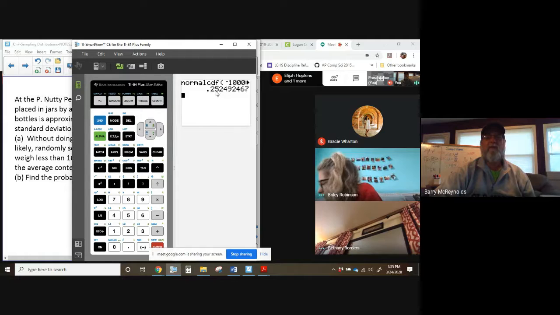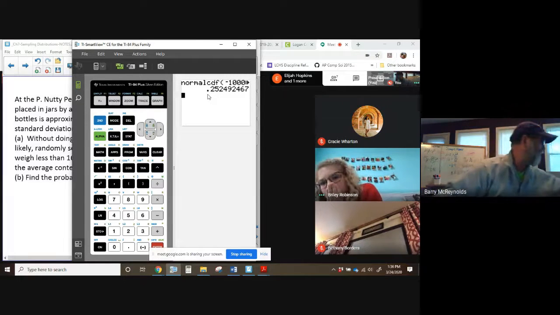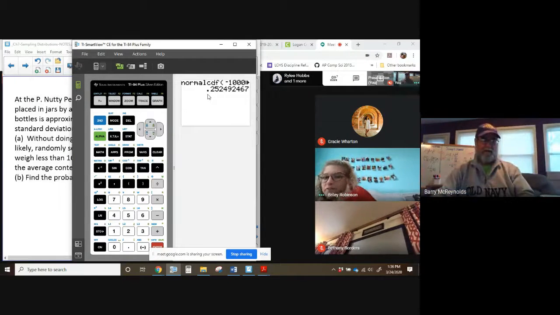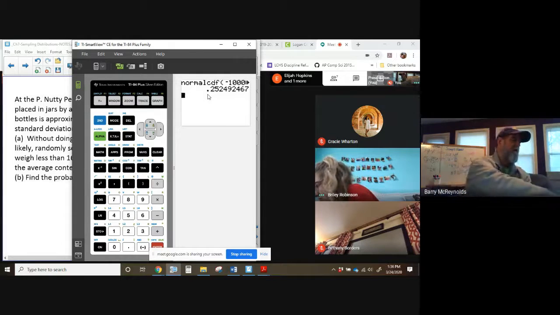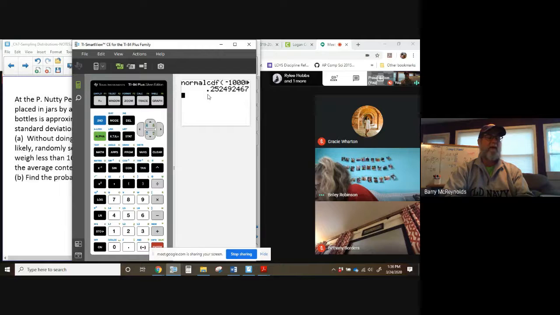Now this value to 4 decimal places could be slightly different than what you see on table A. Let me get table A. If I'm looking at table A correctly, negative 0.67 is 0.2514.